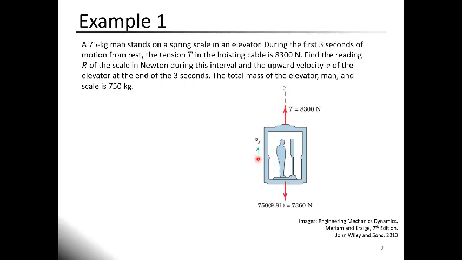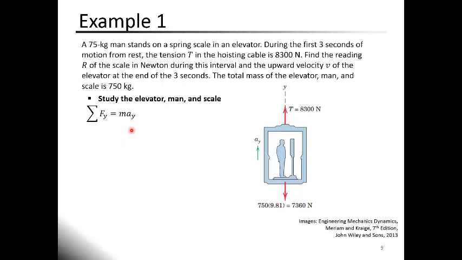So we assume here that the elevator has an acceleration along the y direction, which is called a sub y. If we start by studying the elevator, the man, and the scale all together, we can apply Newton's second law, which is the resultant force in the y direction is equal to the mass multiplied by the acceleration in the y direction.